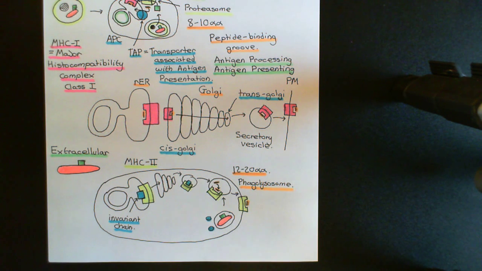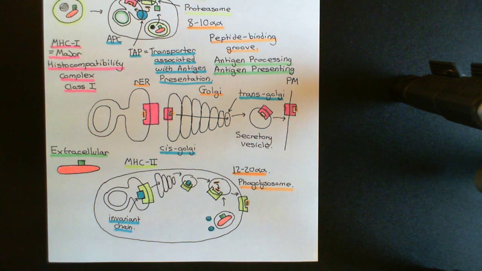Okay, so we're currently discussing the initiation of the adaptive immune system, and we have so far discussed antigen-presenting cells and how they present fragments of antigens on their surface.